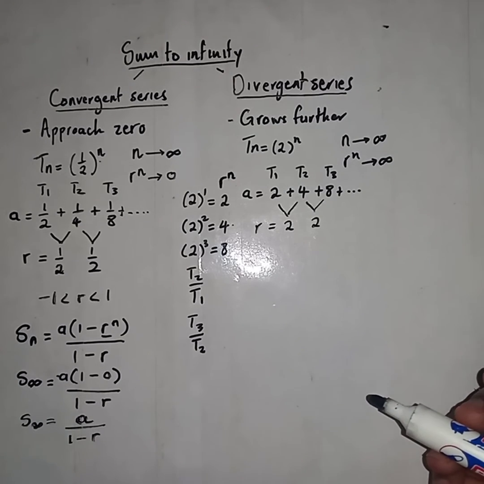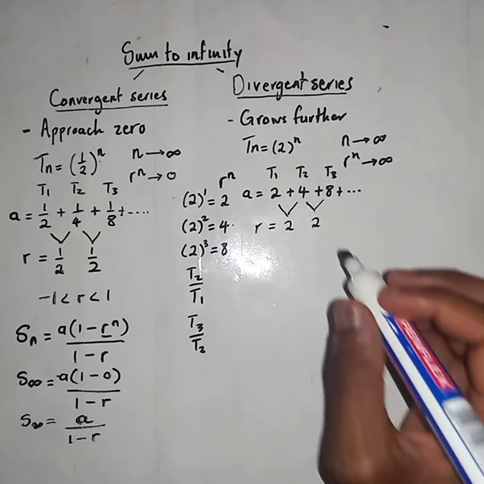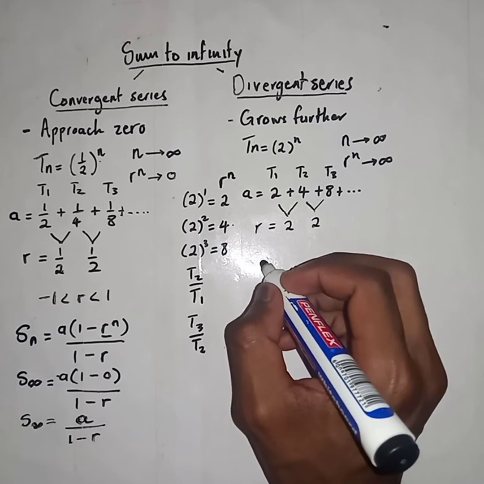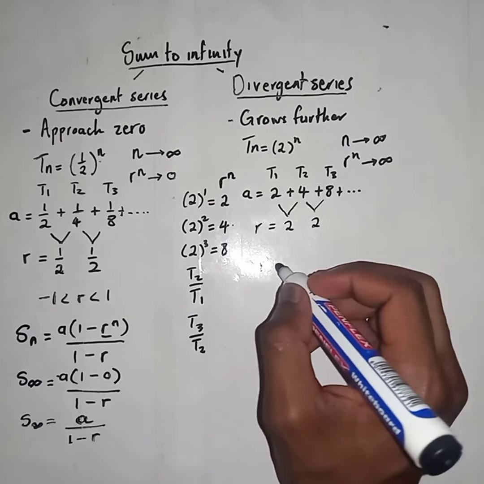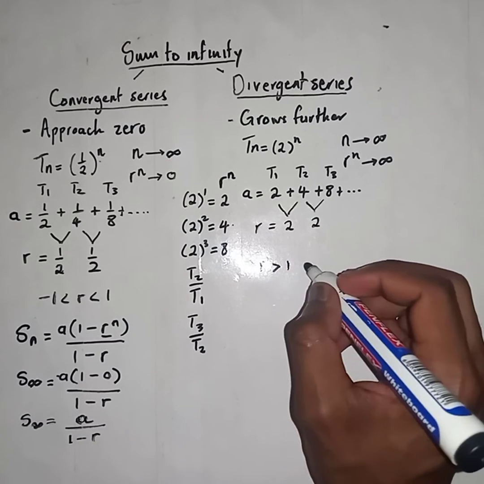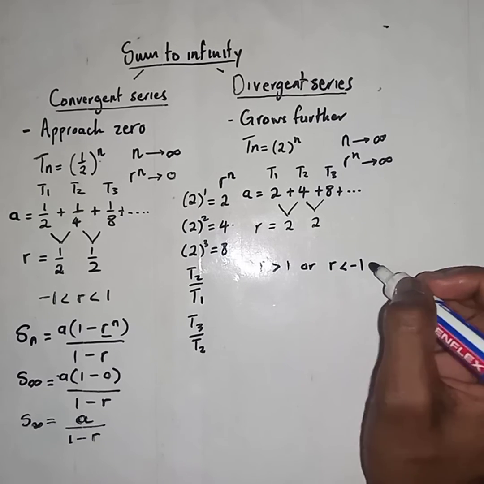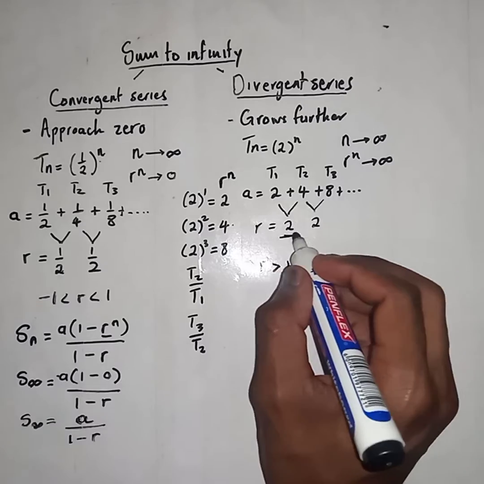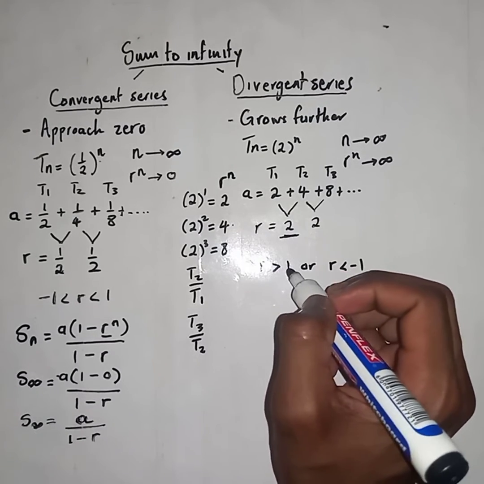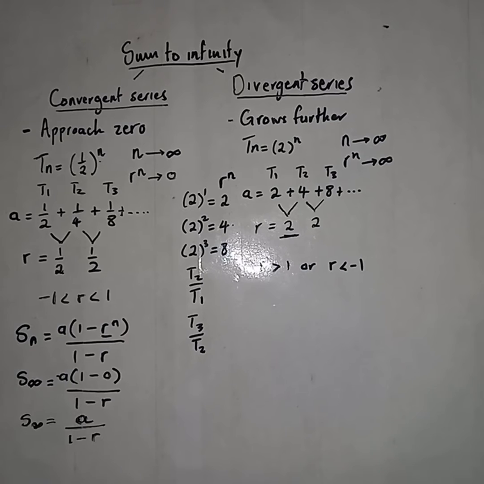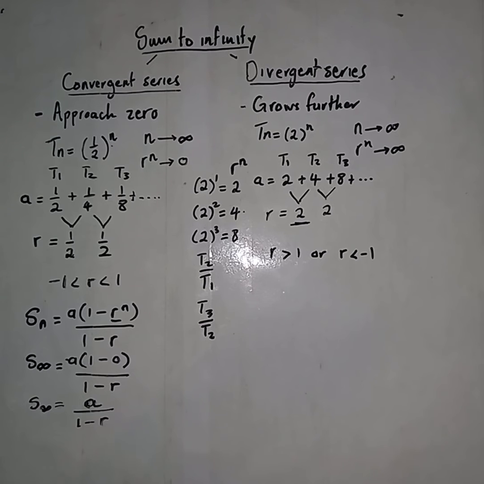Do you understand? Then for this one, you just need to know that the value of r will be greater than 1, or at some point the value of r is going to be less than -1, which is true. You see, 2 is greater than 1. Then at this point, sorry about the light over there, I want us to apply this formula.